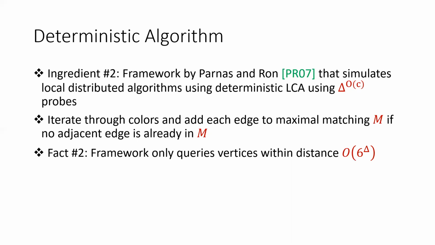One can think of this algorithm as a greedy algorithm, where we first produce a maximal matching with respect to the greedy paradigm, but then we iterate through the colors and repeat this paradigm on the pre-built maximal matching at each step. The key property we'll use from this framework is that it only queries vertices within distance 6 to the delta.